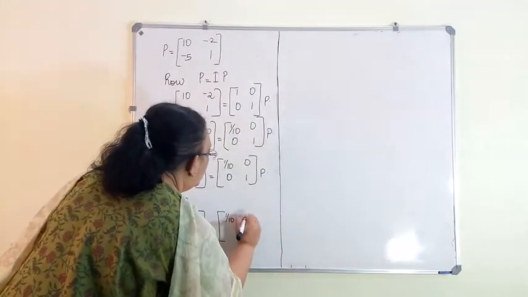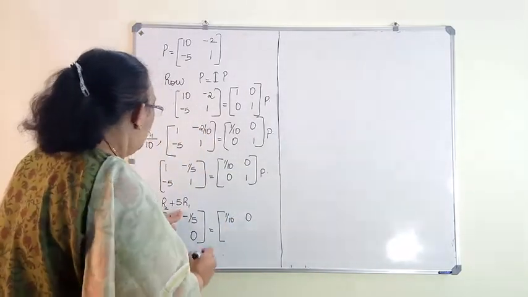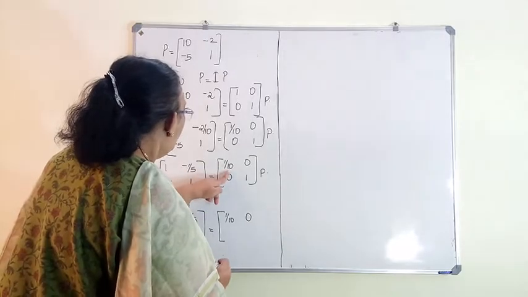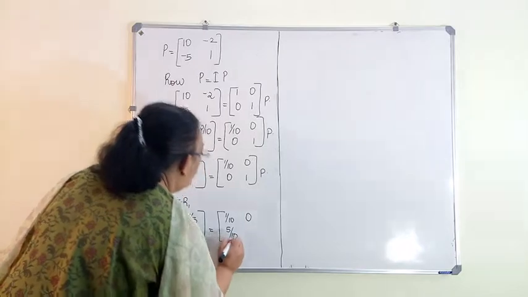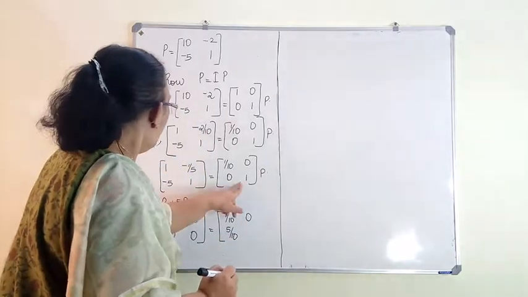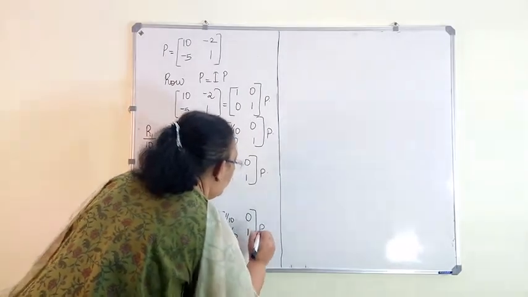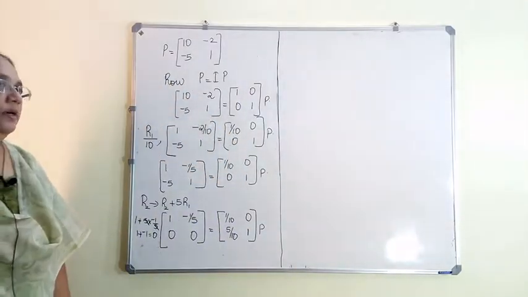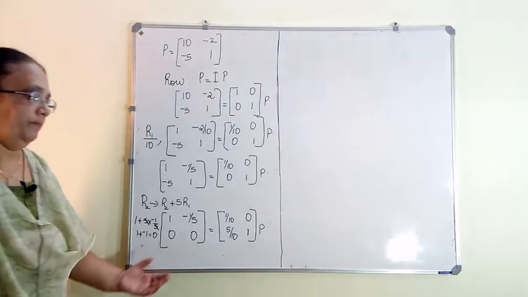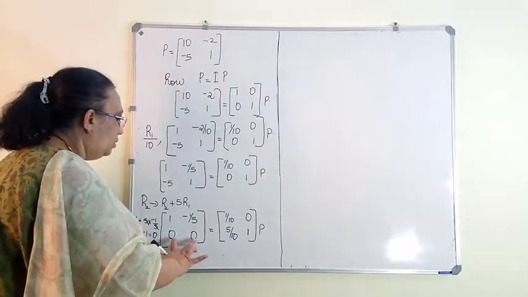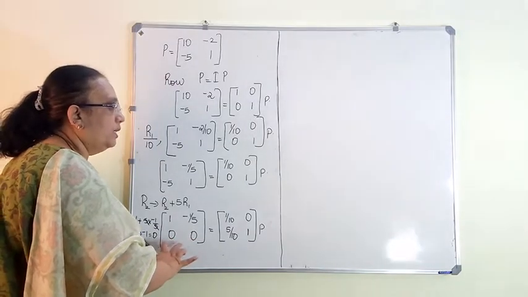And that is equal to [1/10, 0; R2 plus 5 into R1] into P. R2: 0 plus 5 into R1, that is equal to 5 by 10. R2: 1 plus 0, 1, into P. But here I will say that inverse does not exist, because the two elements in the second row are equal to 0.